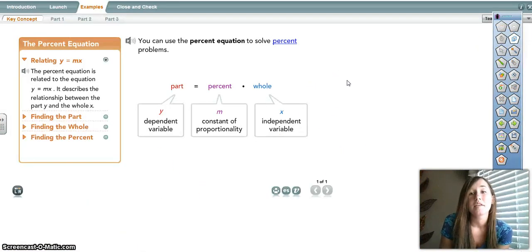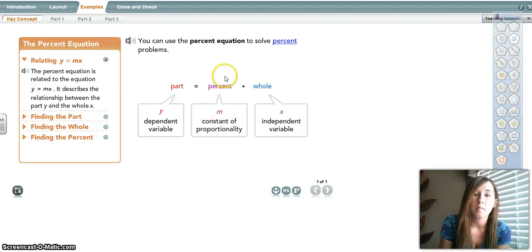Now, the percent equation is kind of where we're focusing, but we're also going to talk about that percent proportion a lot too. The percent equation is in the same format as the equations that we talked about whenever we talked about proportional relationships. The percent is our constant of proportionality. The part is our DV, and the whole is our IV.